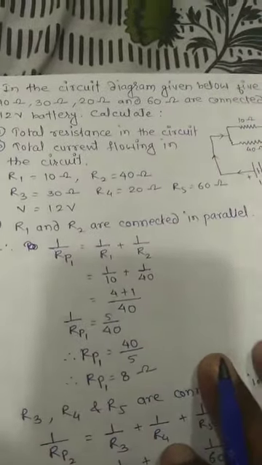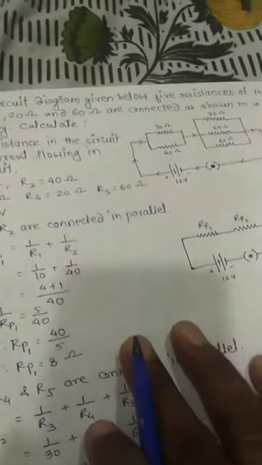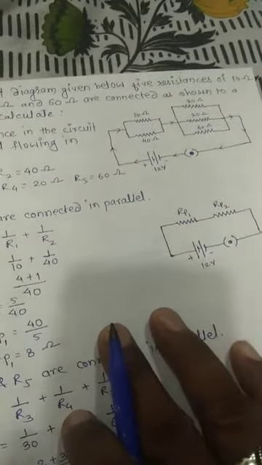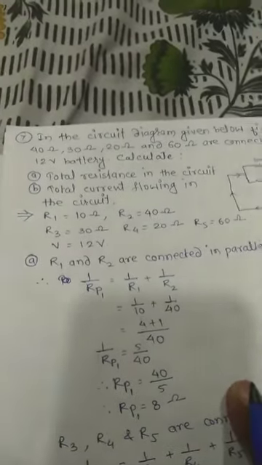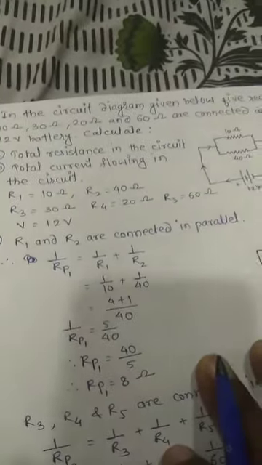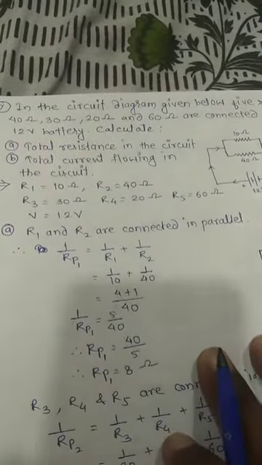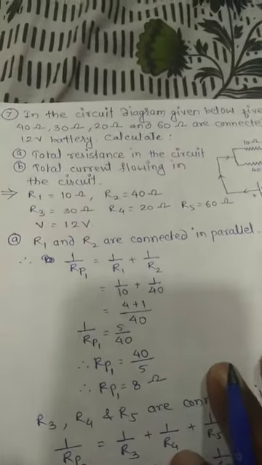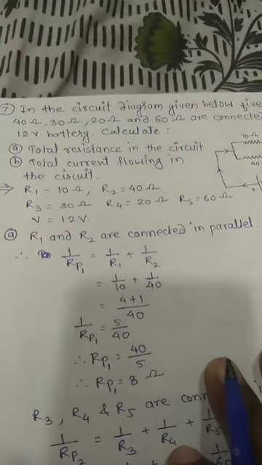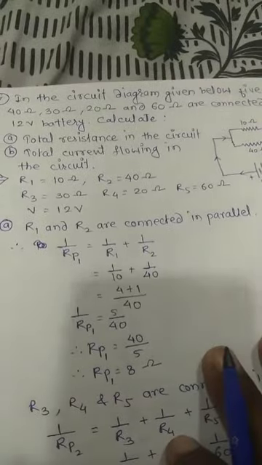Now next question. So what is the next question? In the circuit diagram given below, 5 resistances of 10 ohm, 40 ohm, 30 ohm, 20 ohm and 60 ohm are connected as shown to a 12 volt battery. Calculate the total resistance in the circuit and the total current flowing in the circuit.